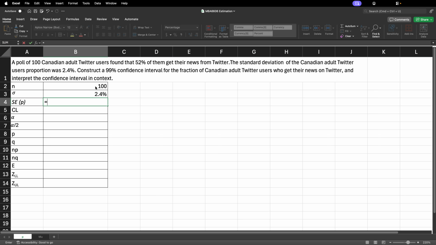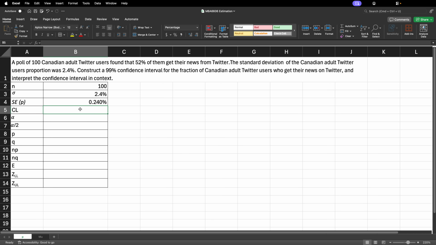So it is equal to sigma divided by square root of n. Right, that's 0.24. No, it should be square root. Yep, so 0.24%.